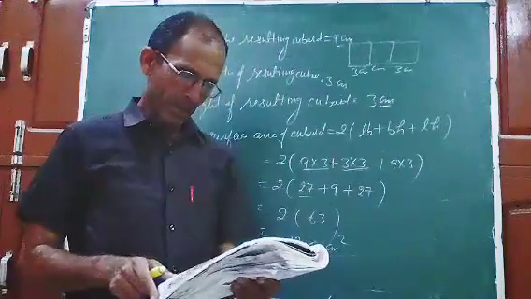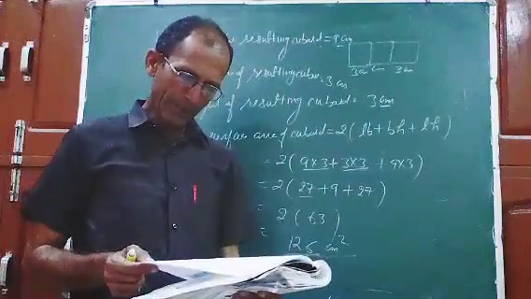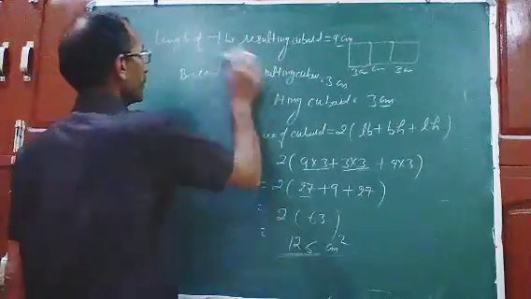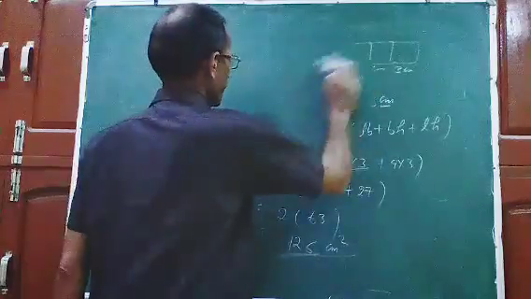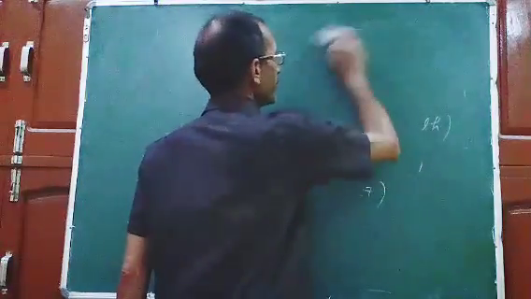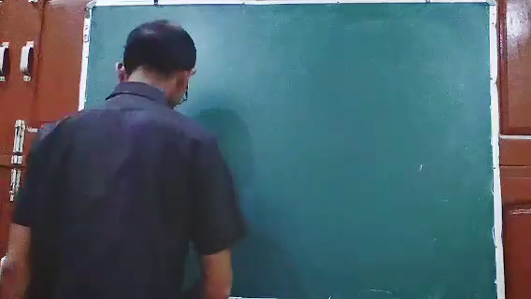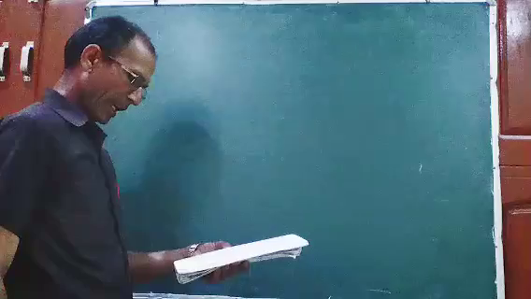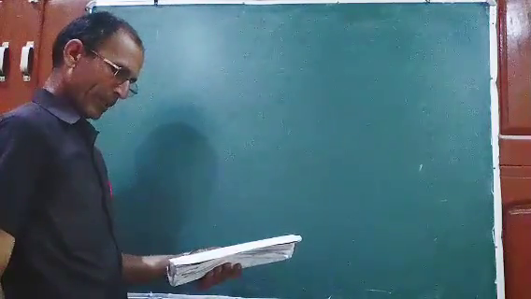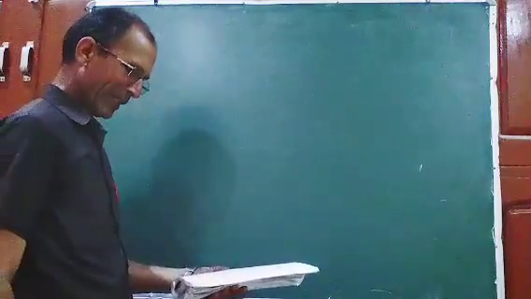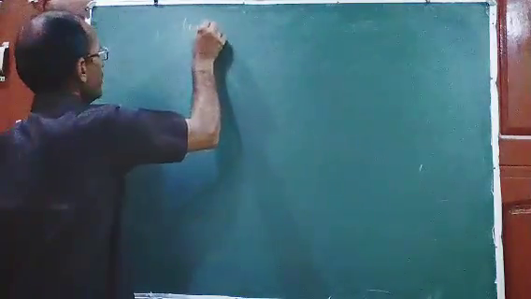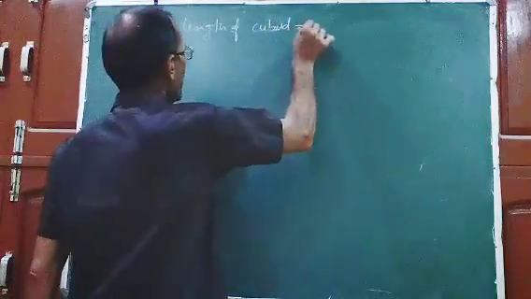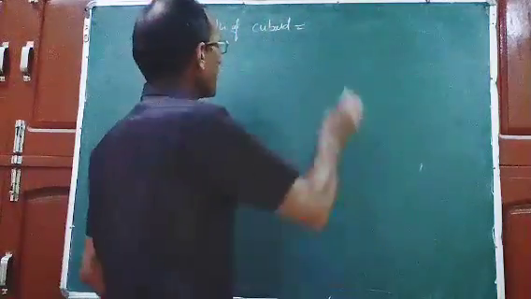So in this question, I think question number 9, I am taking. Question number 9. A cuboid has the dimensions as shown in the following diagram. Length is 2 meter, breadth is 1 meter and height is 1 meter. Length of cuboid is 2 meter.